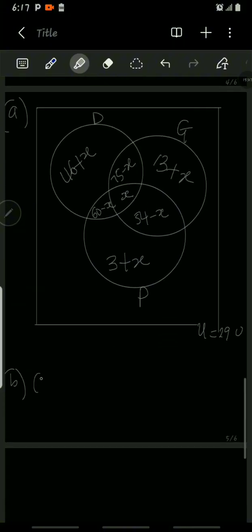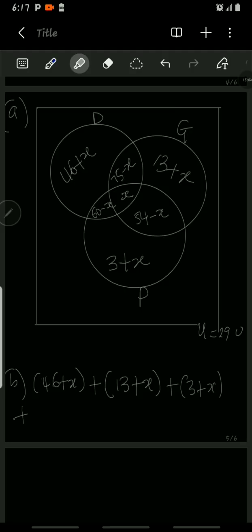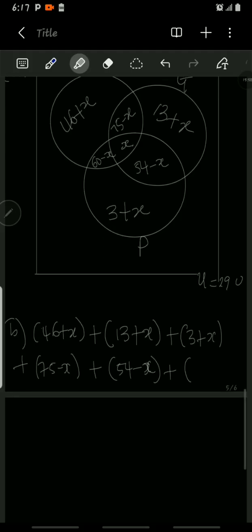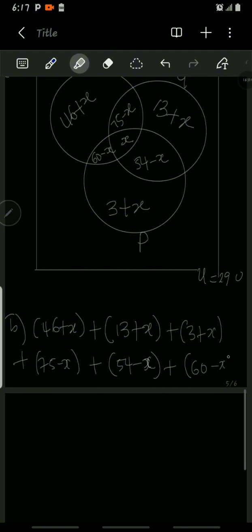So I'm having 46 plus x plus 13 plus x plus 3 plus x plus, let's start from 75 minus x, plus 54 minus x plus 60 minus x.